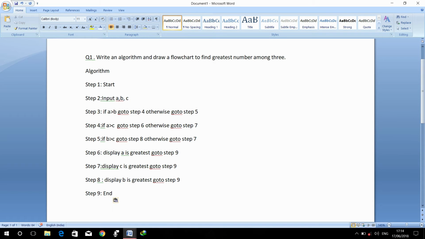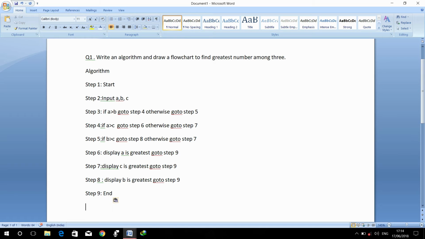Now what is step number 4? In step number 4 we again check a condition: whether the first number is greater than the third number. If in step number 3 the first number is greater than the second one, then that condition is true, it goes to step number 4 and checks whether the first number is also greater than the third number.